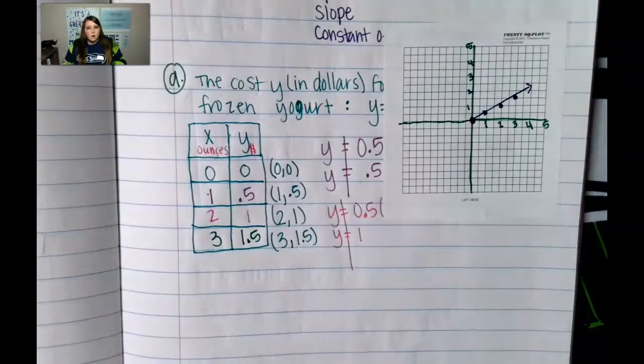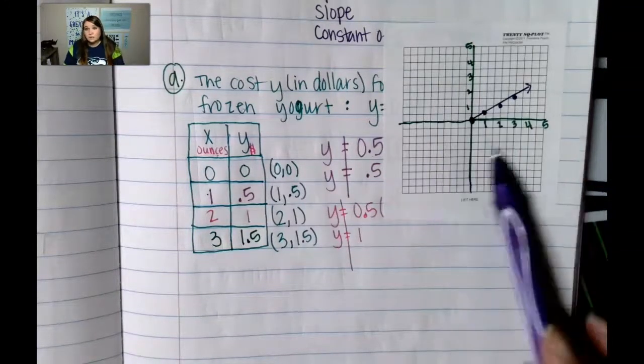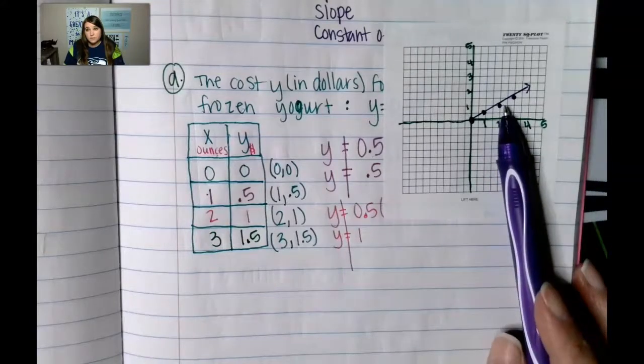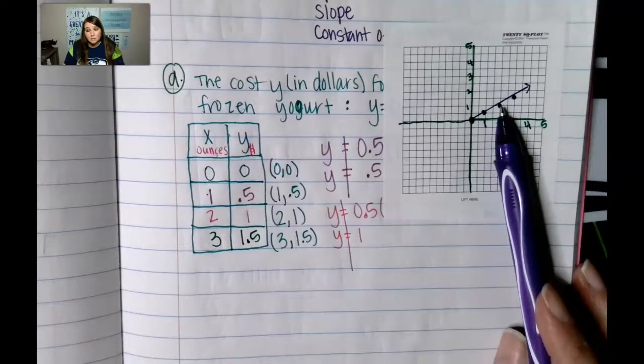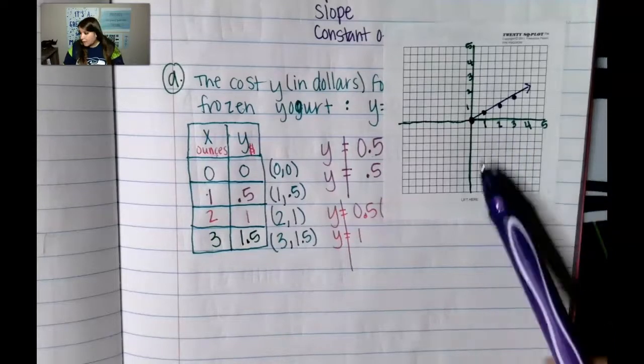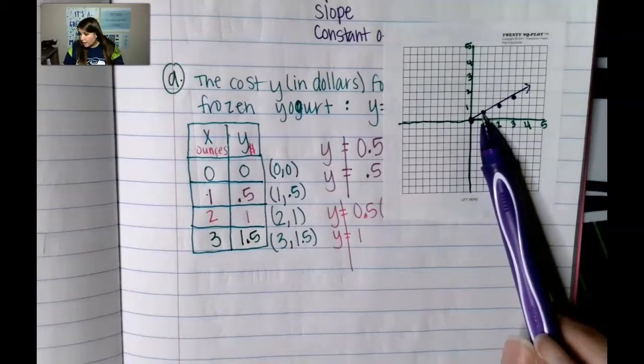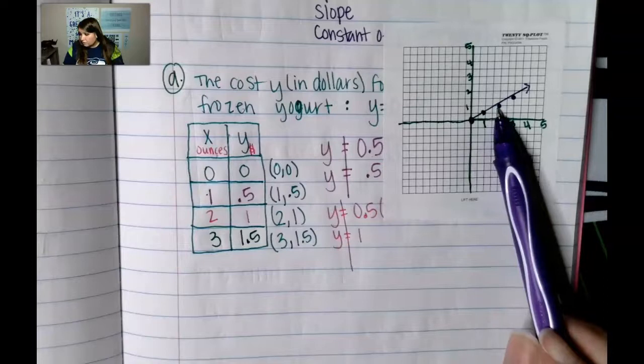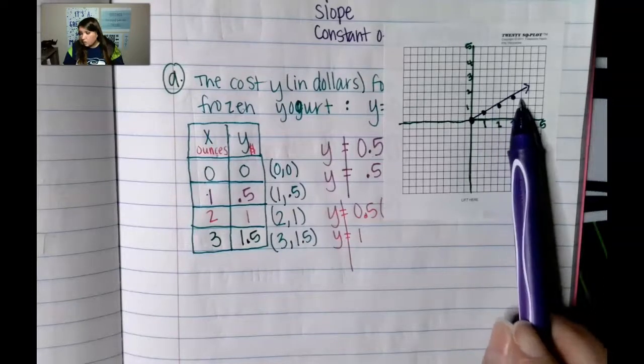Okay, the cost is dependent on how much I buy. This is a constant of proportionality. The slope depends on how much I buy. I go up 50 cents and over 1. Up 50 cents over 1. Up 50 cents over 1.